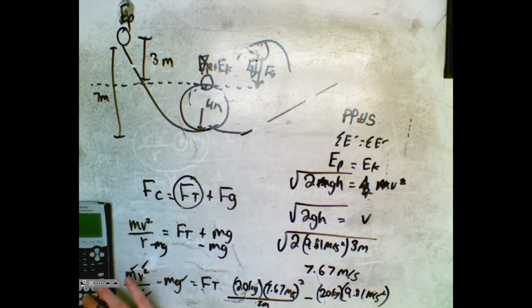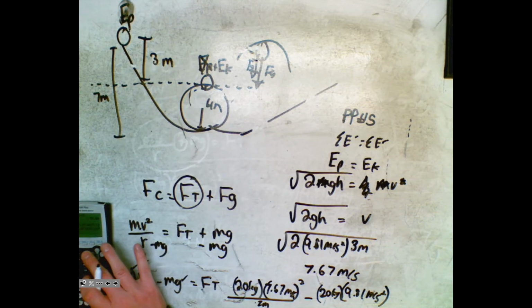So when I plug all that in, okay, let's try this again. I'll go 20 times my answer from before squared divided by 2. It's going to add a bracket.